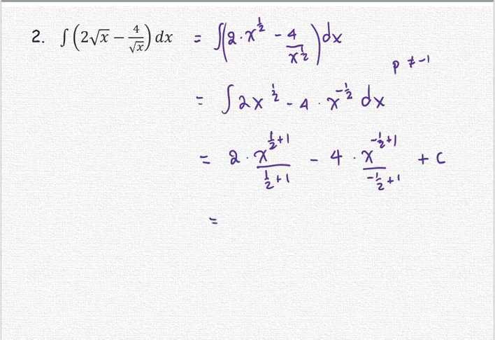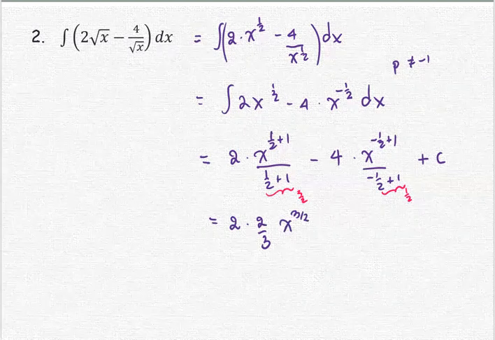Simplify the numbers, the sum of the denominator. This is 3/2 and the second term will give the sum as 1/2. So divide by 3/2 is the same as multiply by the reciprocal of it, or 2 multiplied by 2/3. Then multiply by x to the power 3/2.